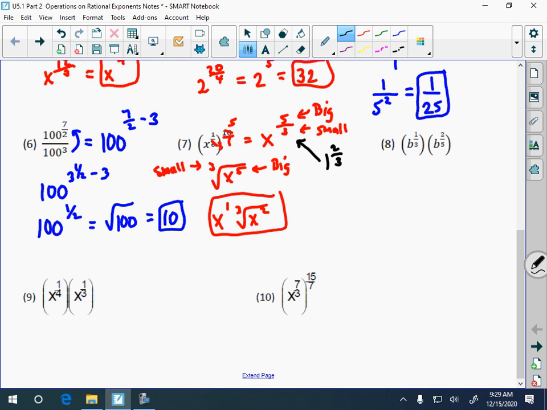All right, so number 8, b to the 1/3 times b to the 2/5. So we have the same base, so we're going to be adding exponents. 1/3 plus 2/5. So again, if you have your calculator and you can put 1/3 plus 2/5 in it, great. If not, you need a common denominator, which is going to be 15.